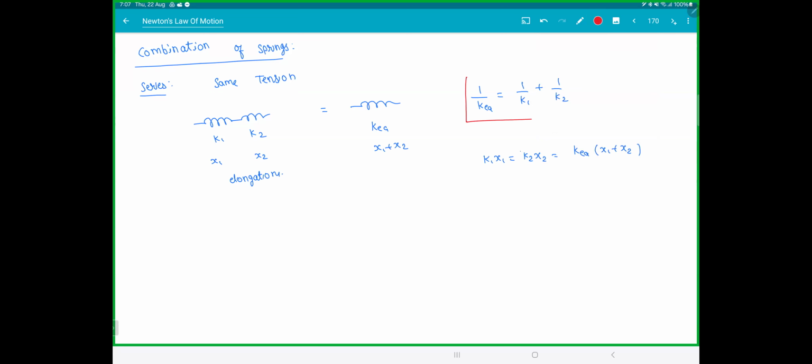If you have two springs in series, you can replace them with one single spring, given by 1 by K equivalent is 1 by K1 plus 1 by K2. This will be the reverse of resistors. When they're in parallel, they will have the same elongation.